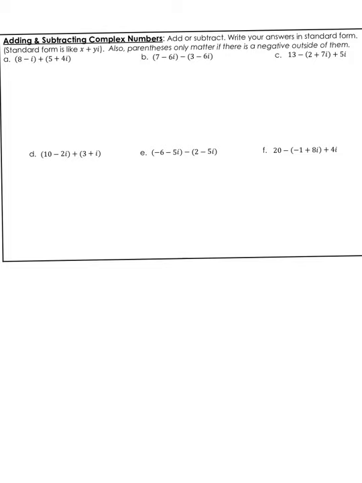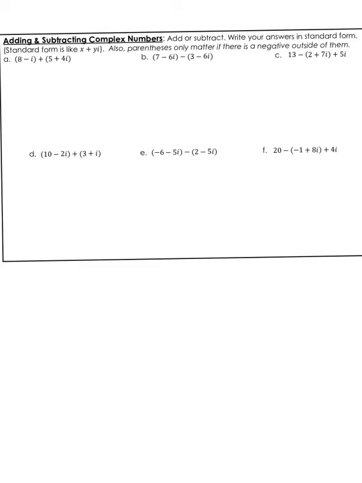So you write your answers in standard form. What does standard form mean? It just means some number x plus some number yi. So the i term comes second, okay? And you'll notice all my examples are set up with some parentheses. Parentheses only matter if there's a negative outside of them.